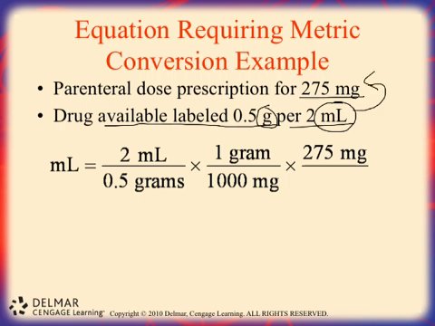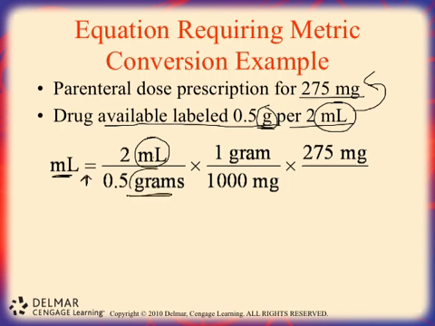Since it comes in grams, we're going to have to do a step that converts our grams to milligrams. So we do the same thing to the left of our equal sign. We're going to start with our unit of measure, which is milliliters. So that means we know that we'll have to have in our numerator, in our first ratio, milliliters. And that's what we're starting with, is 2 milliliters. There's 0.5 grams. Now here's where we do our conversion.